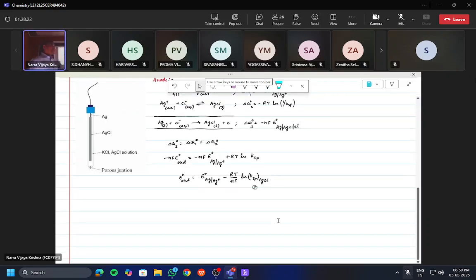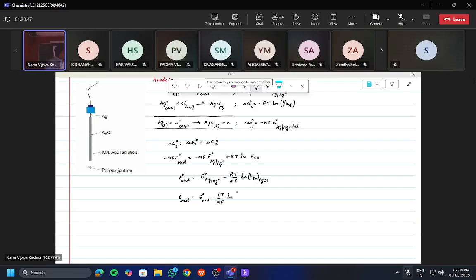This is E0, right? Now what is E? E oxidation equals the Nernst equation. What is the Nernst equation? E oxidation equals E0 oxidation minus RT upon nF log base e of concentration of product by reactant.